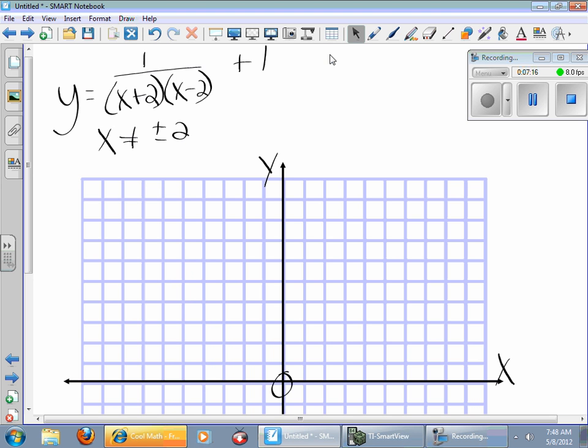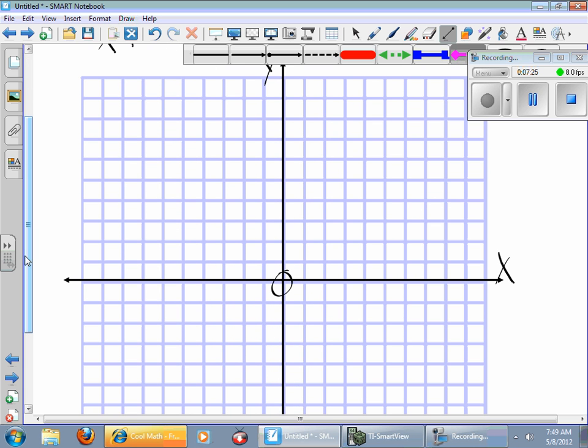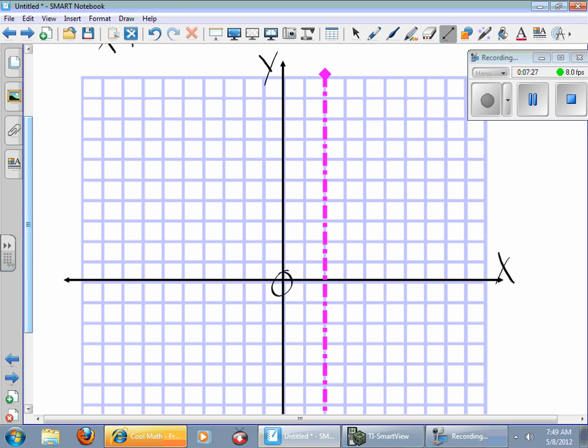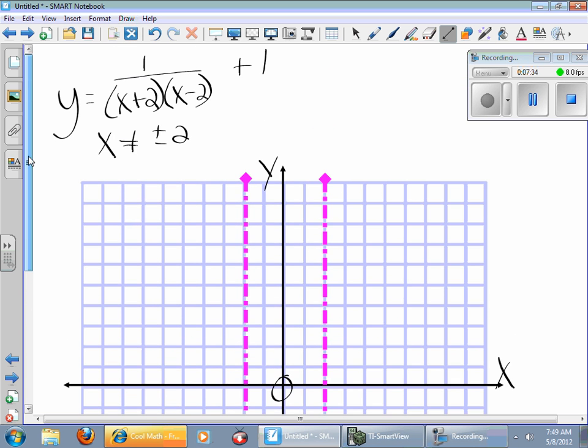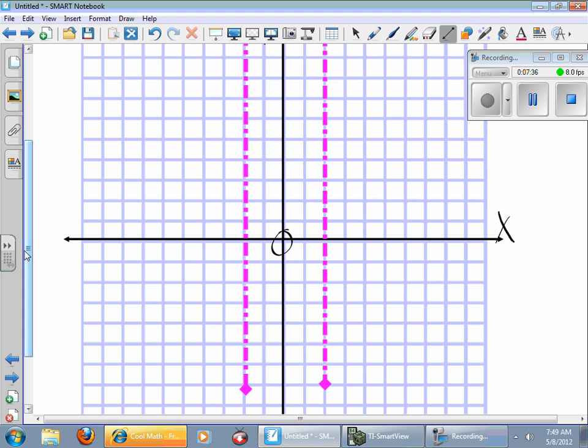I don't know if you're able to fill in the blank now, but what this means is we're going to get 2 asymptotes from our denominator. So we're going to get an asymptote here, and then we're going to get an asymptote over here. Okay, and then we have the plus 1 on the end. We're going to pick up a horizontal asymptote when y equals 1.